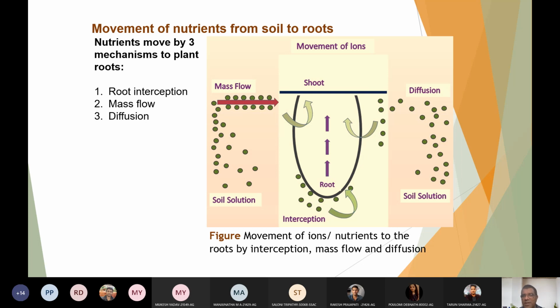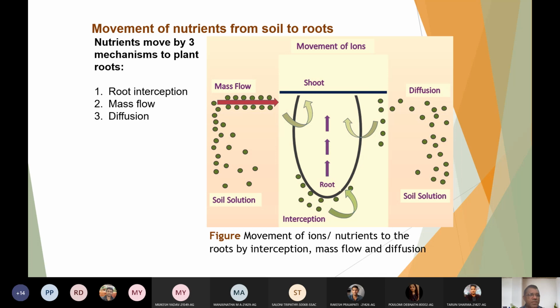If roots are near the exchange sites, in case it is not available from the soil solution, they can take nutrients from the exchangeable sites also. The other way is that from the soil solution, the nutrients move towards the root. So there are two ways: one is by mass flow, the other is by diffusion.